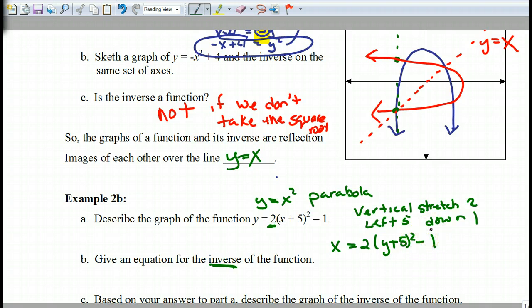All right. So now we need to solve for y. First, we're going to add 1 to each side. We have x plus 1 equals 2 times (y plus 5) squared. Then we'll divide both sides by 2. So then we have (x plus 1) divided by 2 equals (y plus 5) squared.